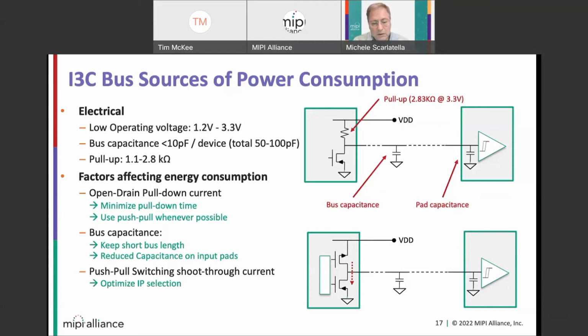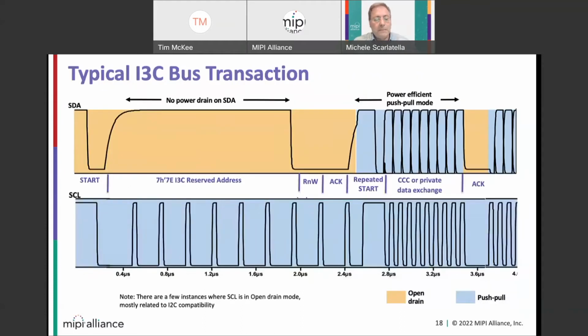Okay, so this is sort of the electrical introduction, and let's look now at the typical transaction. We always start with both the SDA and SCL lines high. As Tim showed before, this can be in bus idle mode, bus ready.